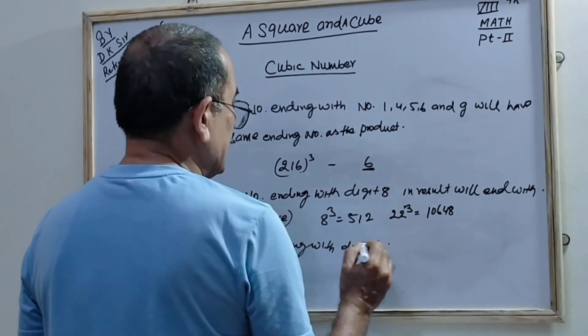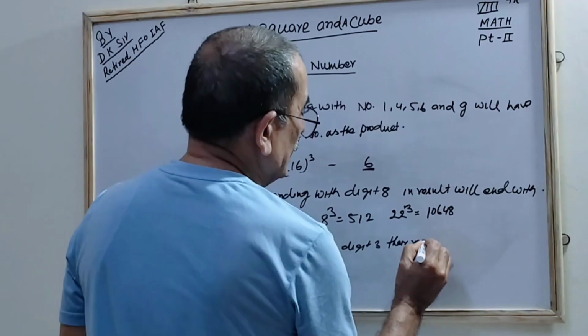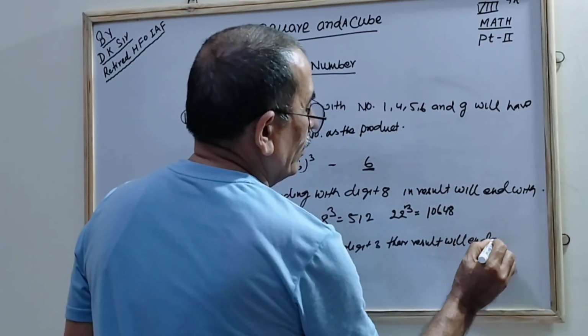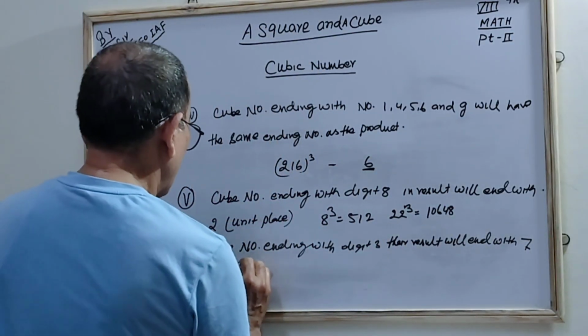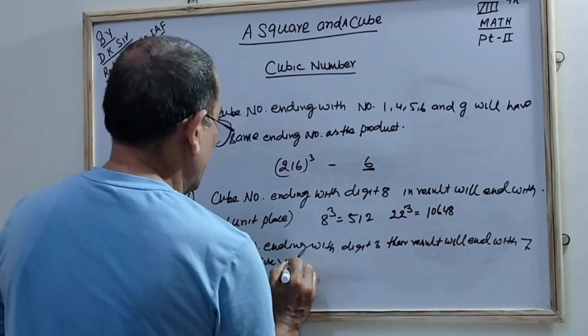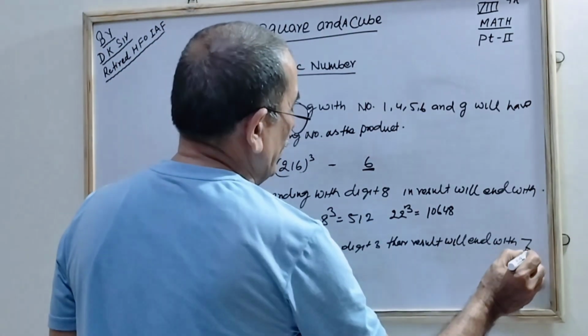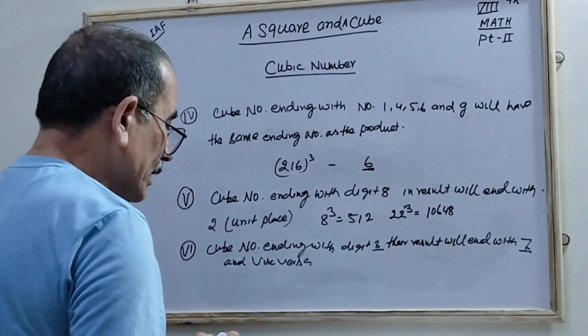If the cube number is ending with a 3, the result will end with 7, correct? And vice versa. Means if the cube is ending with 7, then the result will end with a 3, correct? That becomes the vice versa.